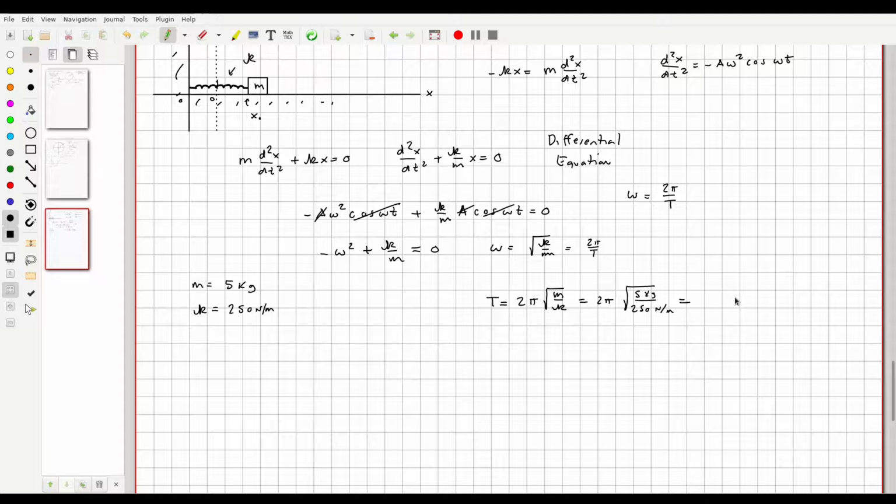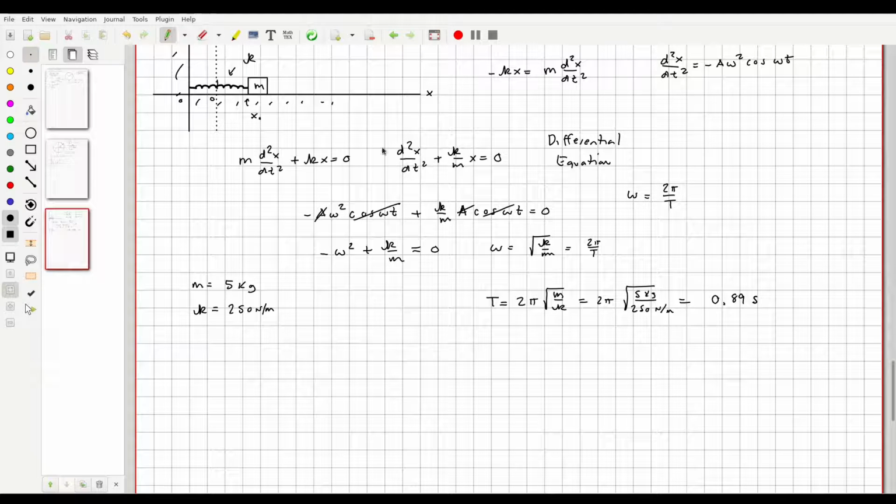And if you put this into a calculator, let me do that real quick. I get 0.89 seconds.